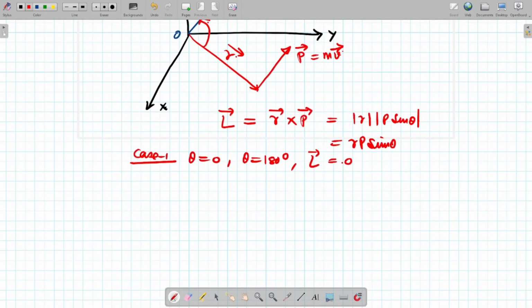And if theta is 90 degrees, then angular momentum would be, sin 90 would be 1, so rp sin 90, which is simply r times p. Is this clearly understood?